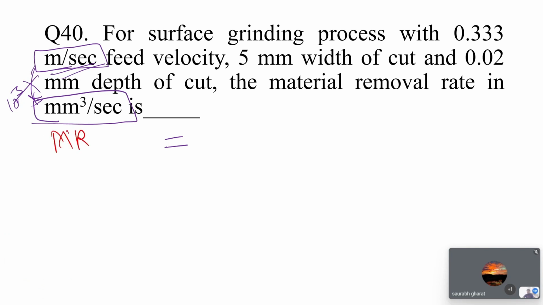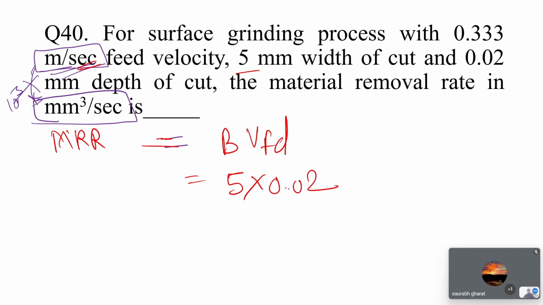So MRR is equal to, same here, as we don't have minutes here, we write in seconds. The width is mentioned as 5, and the depth of cut is 0.02, and your VF is 0.333.